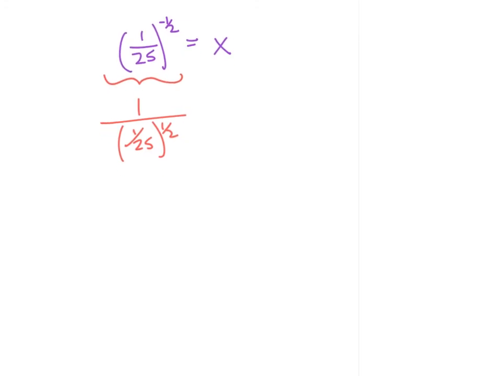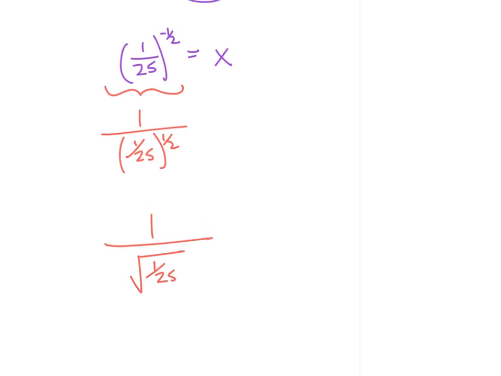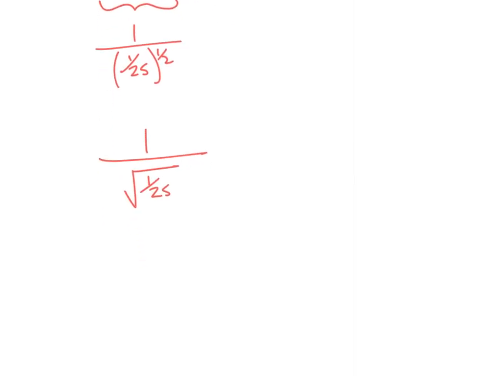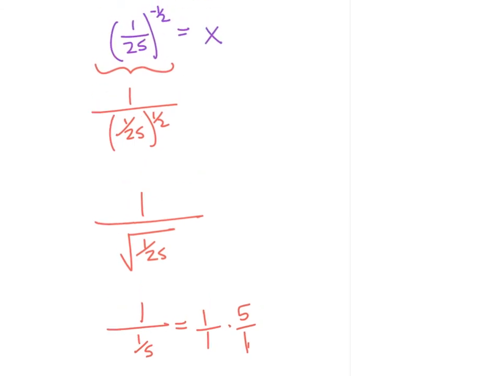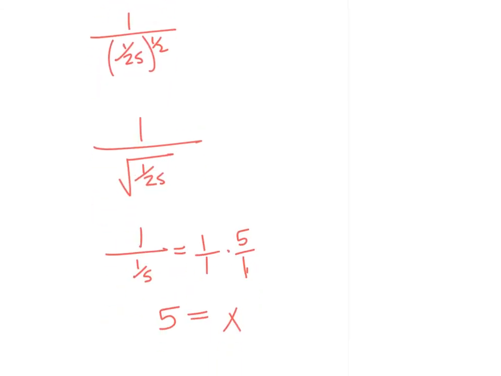That is the same thing as saying the square root of 1/25. And what's the square root of 1/25? 1 over square root of 1 is 1, square root of 25 is 5. 1 over 1/5, we would deal with this mathematically by saying that's 1 over 1 times 5 over 1, because we would flip and multiply that division with the fraction, and we would get 5. So x is equal to 5.